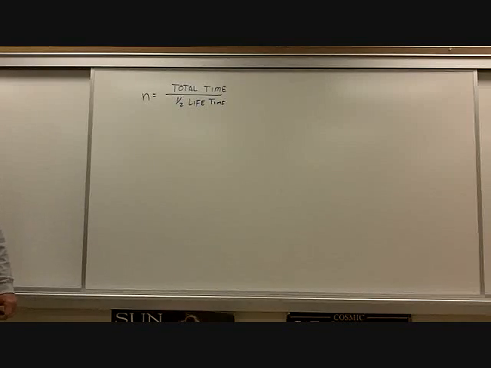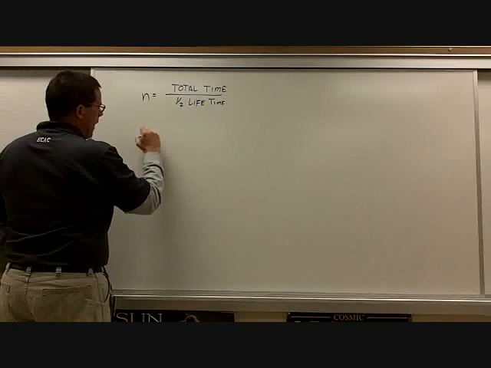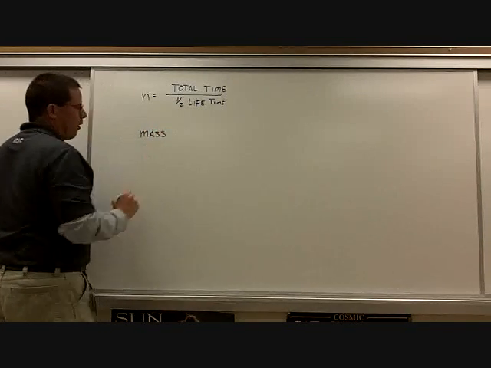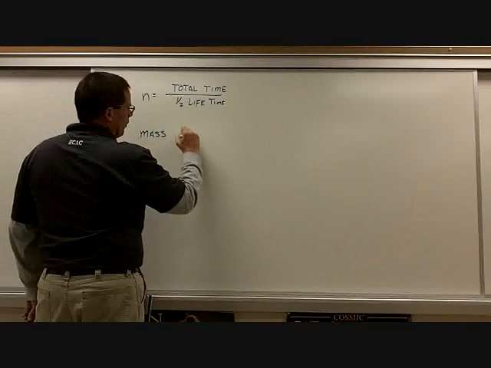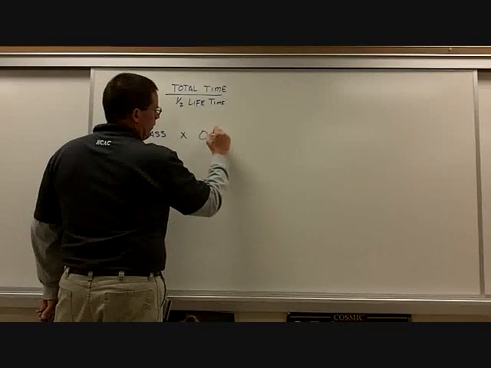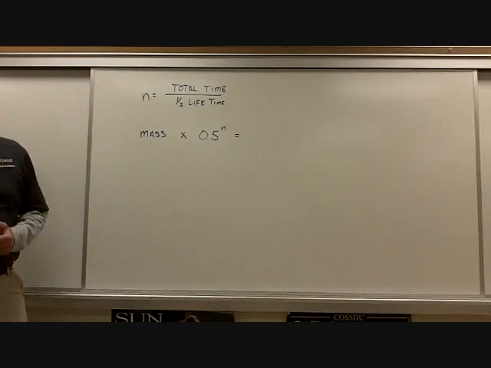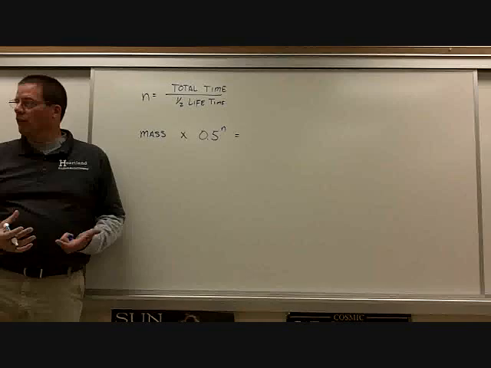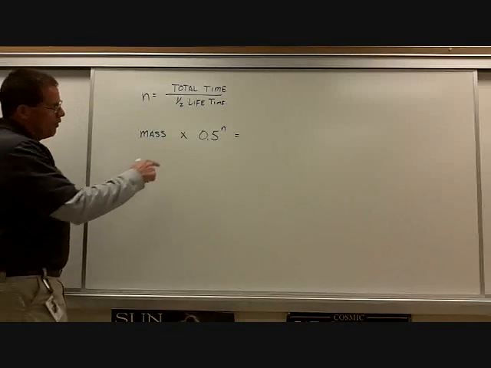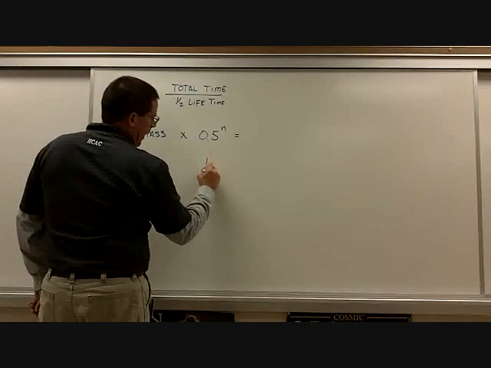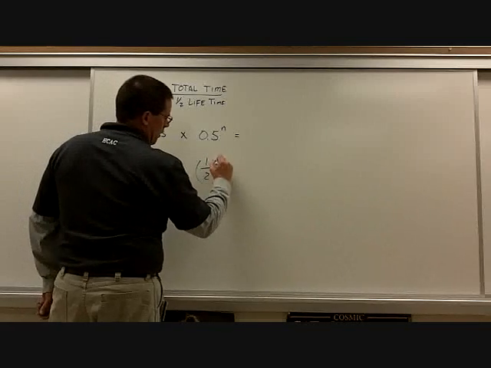The second component to this equation is whatever mass you start with times 0.5 to the n. That'll give us how many grams or how many kilograms, the mass of the stuff remaining. The 0.5 actually is 1/2.